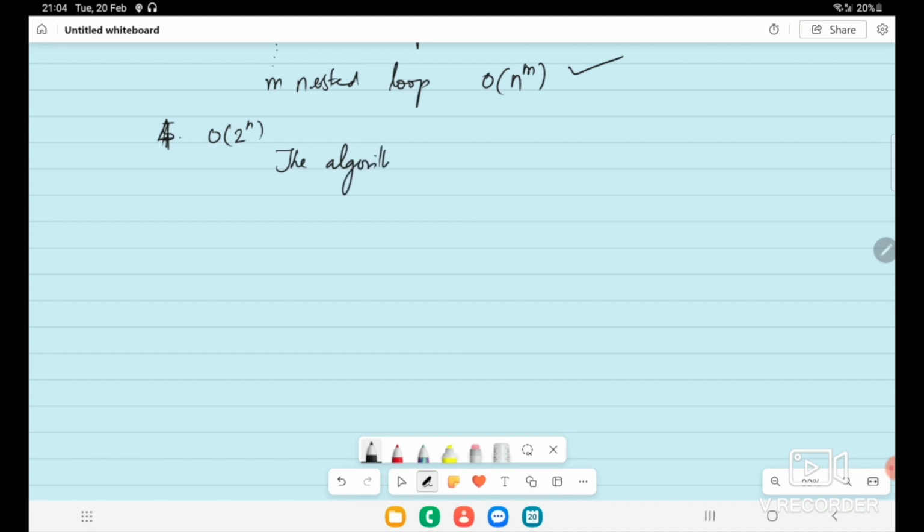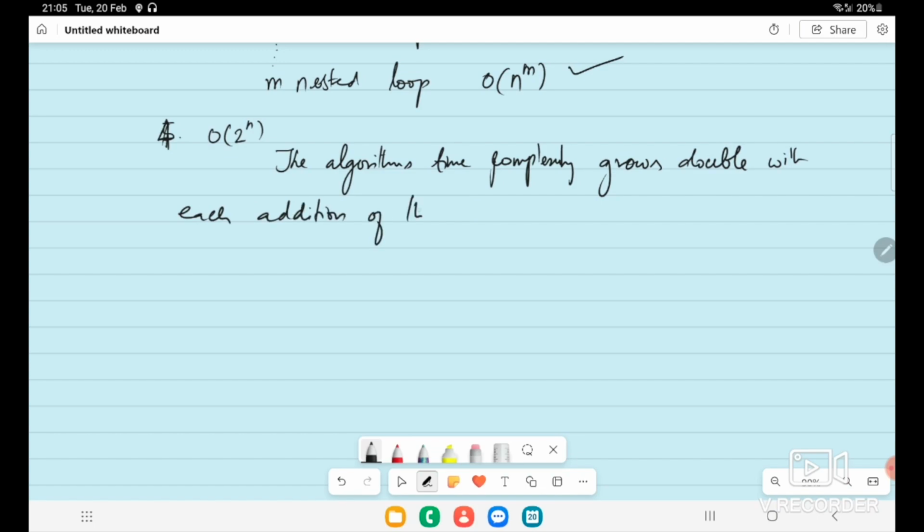The algorithm's time complexity grows double with each addition of the input data set.